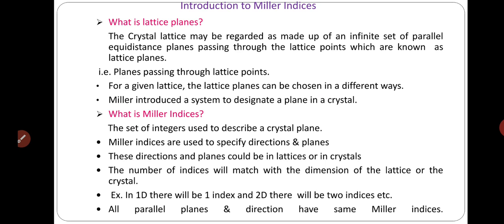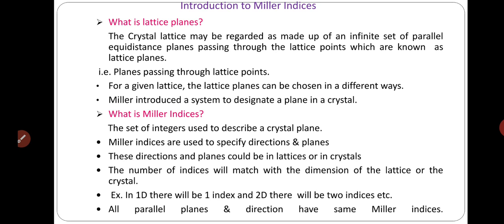We can add atoms at each lattice point in an arrangement called a basis. And these atoms can be one or a group of atoms having the same spatial arrangement to get a crystal.